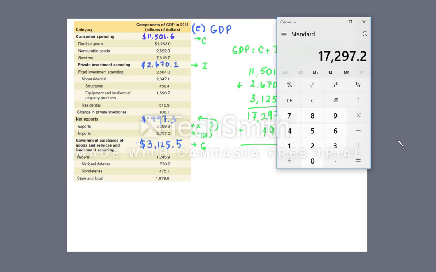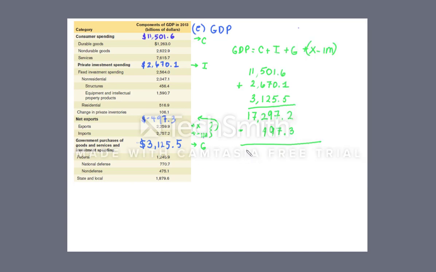We've calculated that the GDP, according to our figures, is 16,799.9 billion US dollars in 2013.